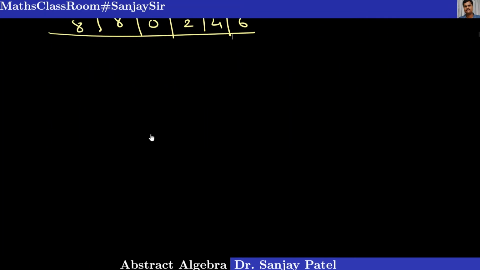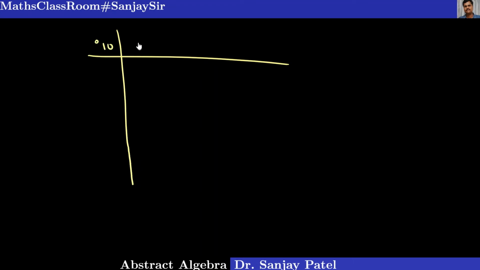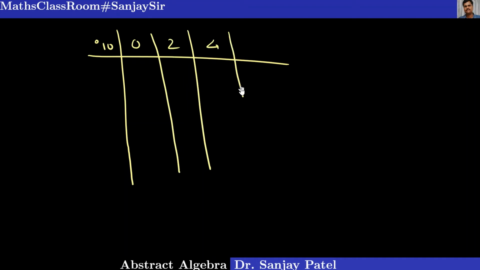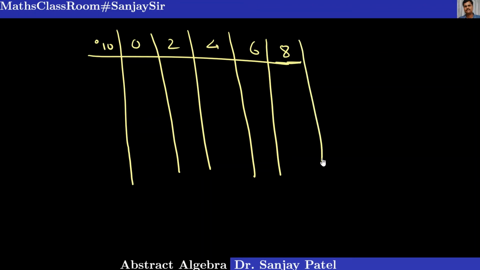Same way I can prepare the table for multiplication modulo 10. So first is 0, then 2, then 4, then 6, and 8.